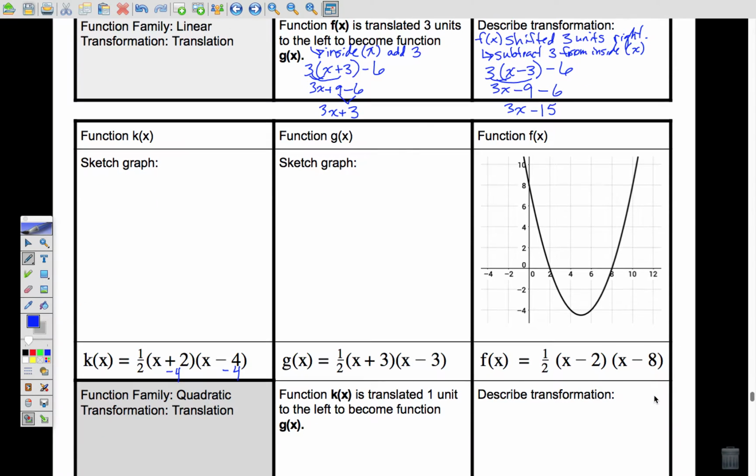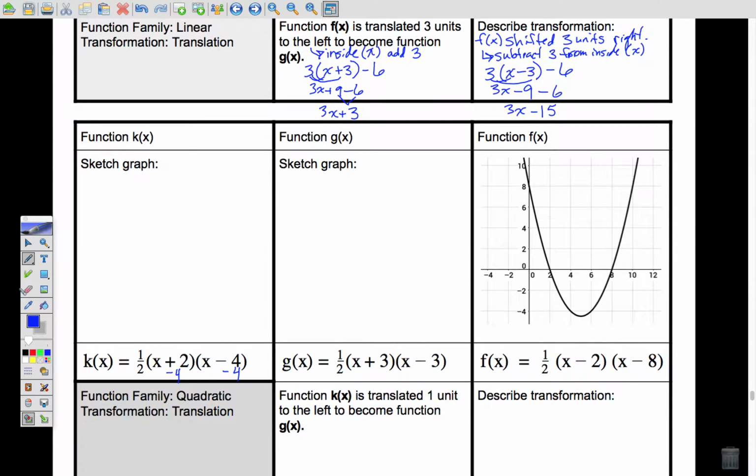All right, so let's look at parabolas. So notice in parabolas, it's not in vertex form. So let's see if we can transform it even when it's not in vertex form. So here's my parent over here. Here's my graph. So let's actually go to this one. This one says we took k of x and it is translated 1 unit to the left.